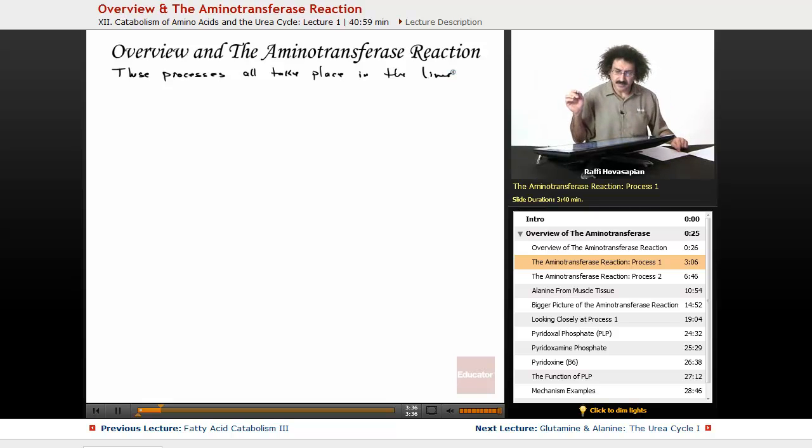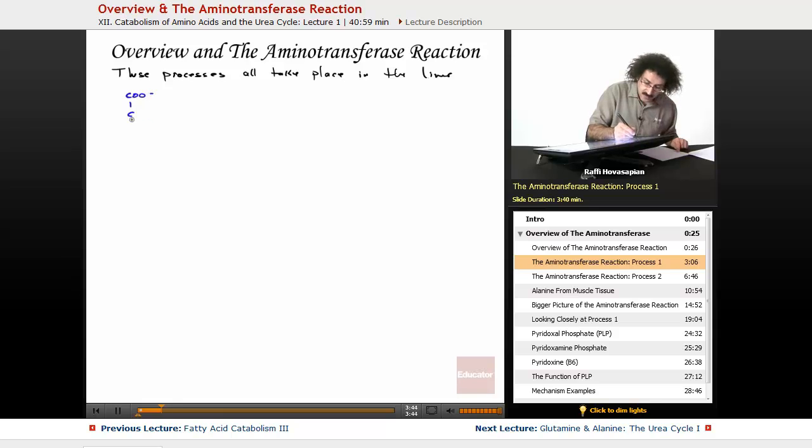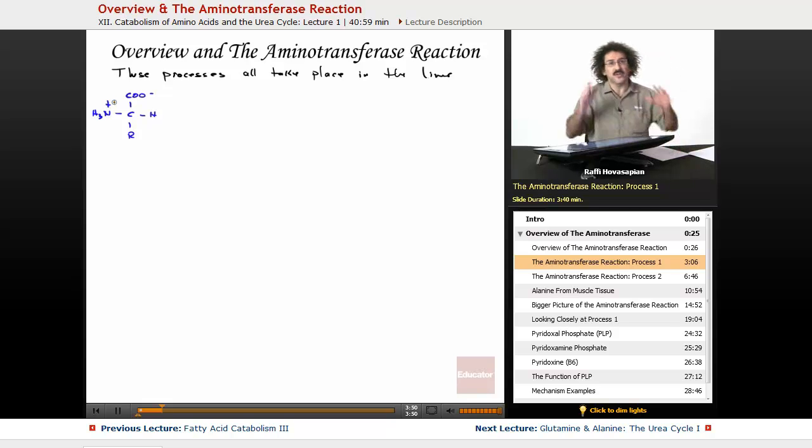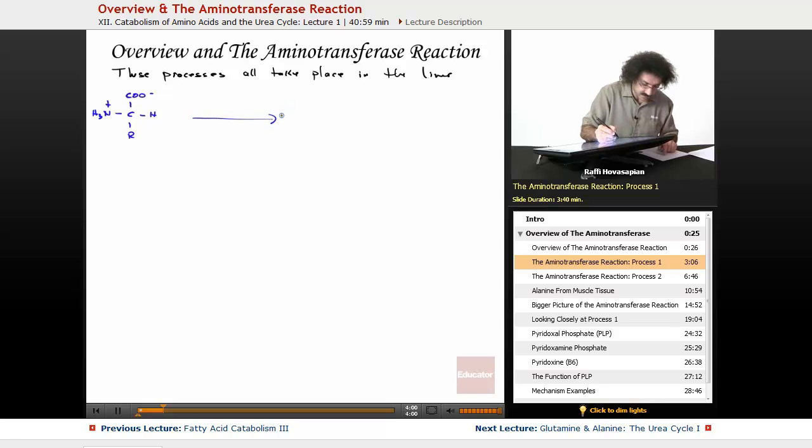Let me go ahead and do this in blue, I think. So we have COO minus, this is R, we have H, and we have our NH3 plus. So this is just some amino acid that is either inside the liver or came from outside from dietary protein, things like that. So what happens is the following.